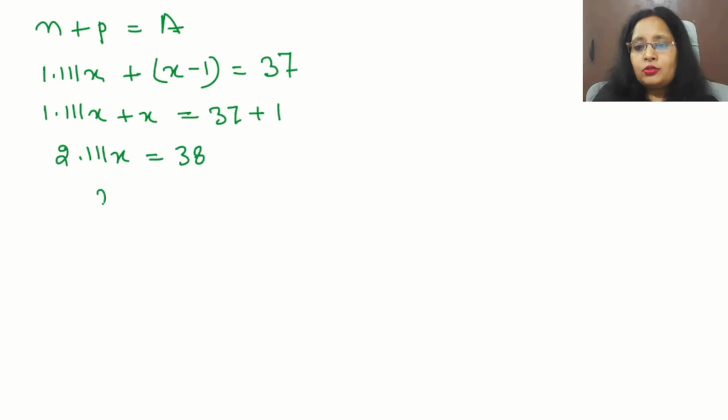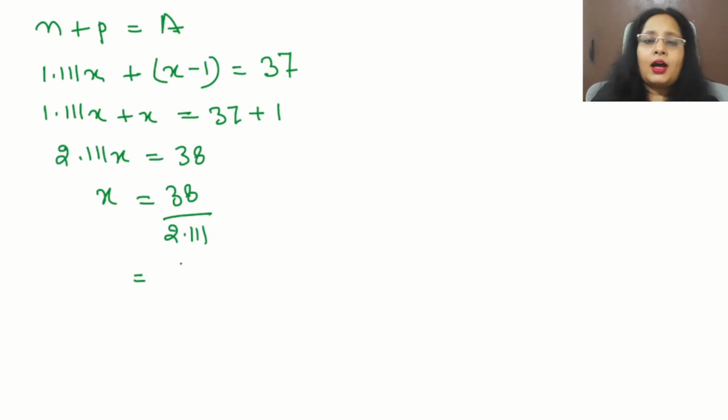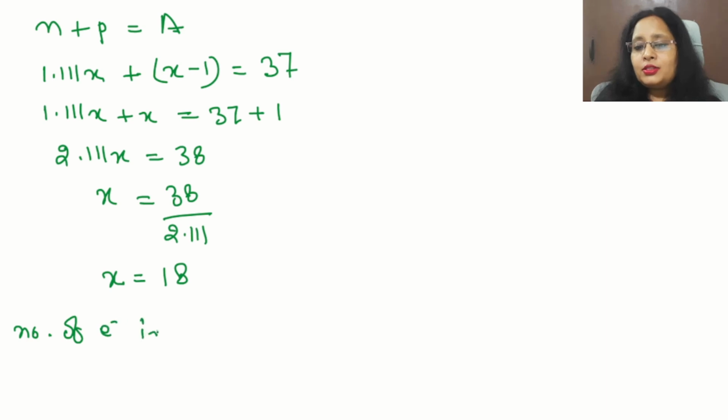From here, the value of X will be 38 divided by 2.111, and we'll get the answer in decimal, but we will write the approximate exact value, that will be 18. Now this will be the value of X, 18. So what we assumed, X is the number of electrons in the ion, X is 18.